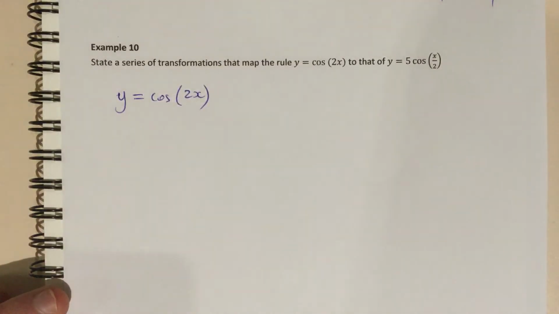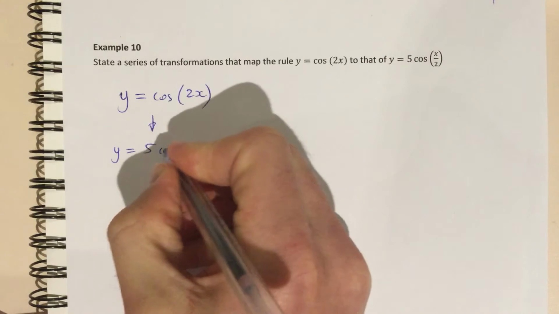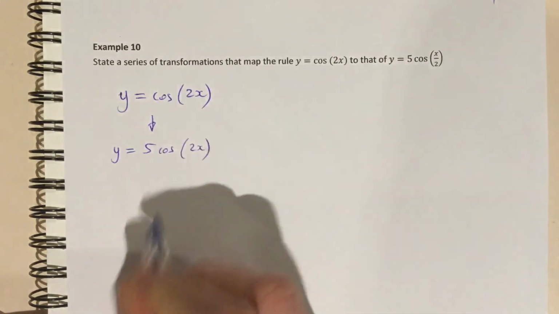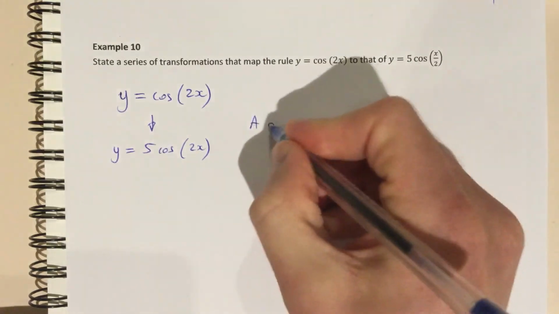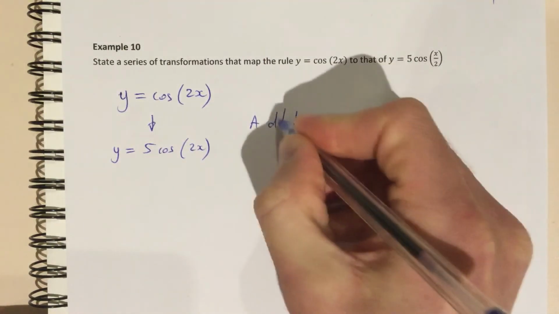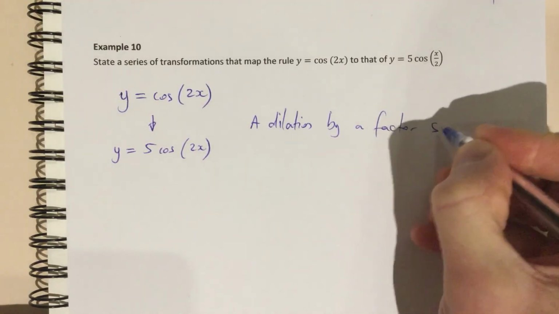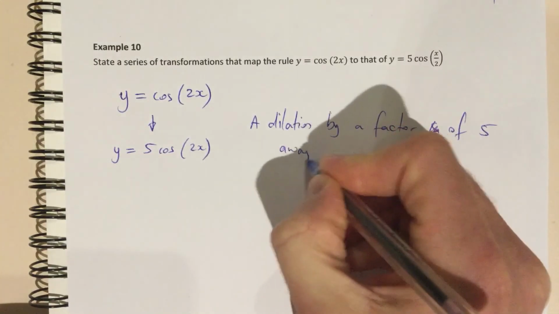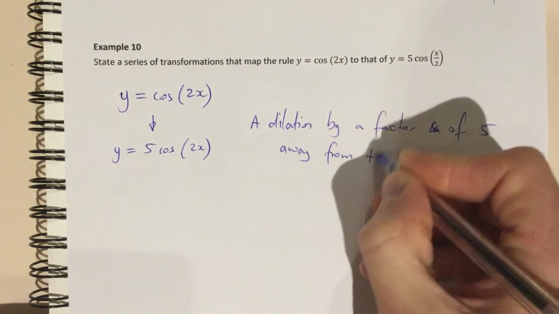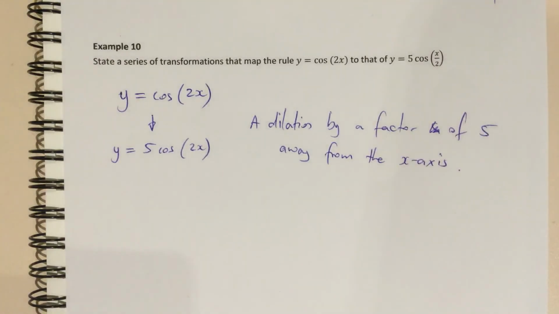All right, so if that rule is our starting point, one thing we could say is that to get to the 5 in front, we would need a dilation by a factor of 5 away from the x-axis, and that's probably the easier one to identify.